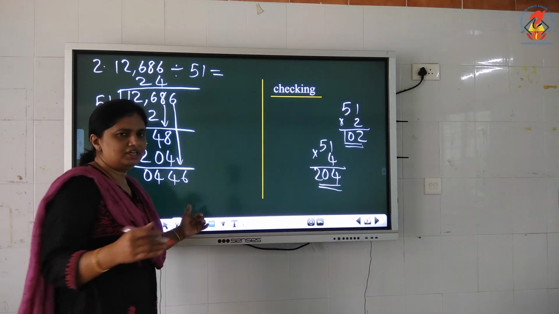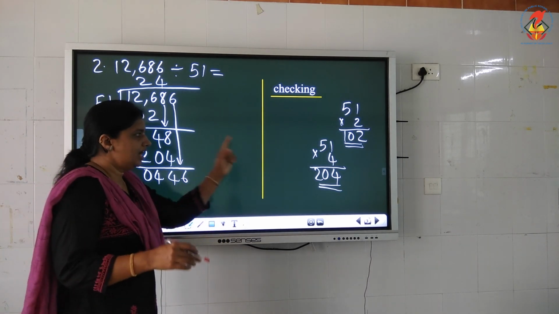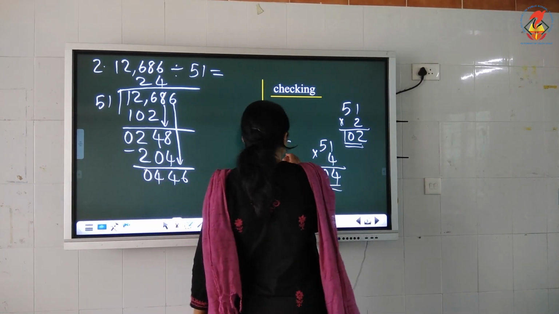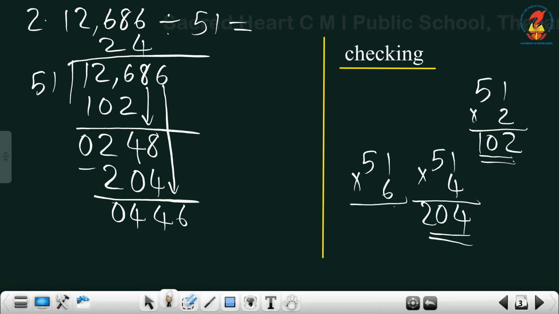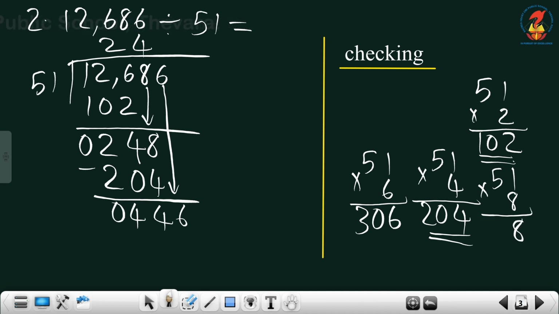Then 446 bigger number only, right? I need to check it with the 51 into 6. 6 ones are 6. 5 6s are 30. Again I need to check 51 into 8. 8 ones are 8. 8 fives are 40. Then 51 into 9. 9 ones are 9. 5 nines are 45.